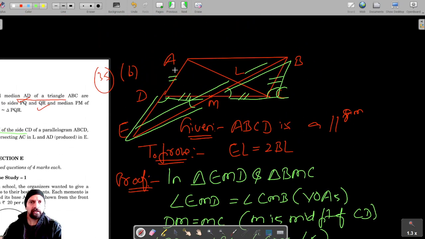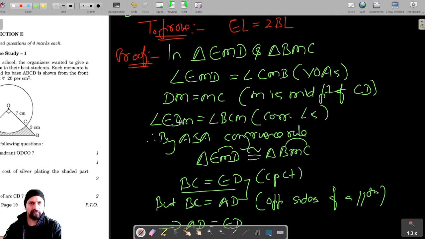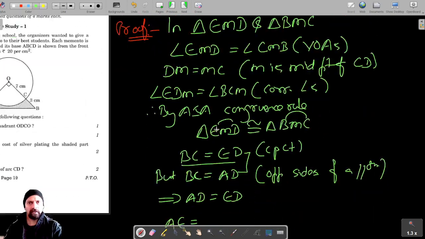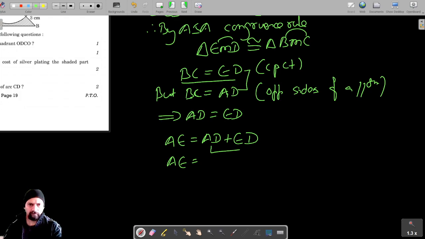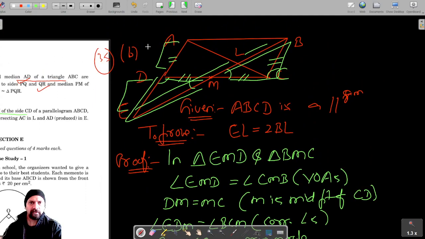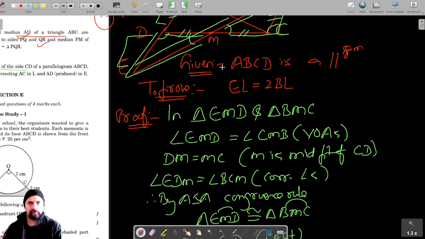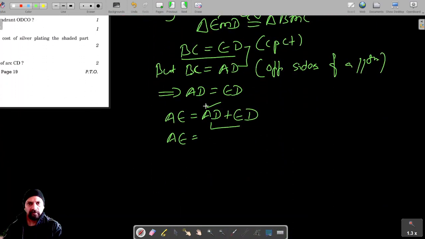So this is AD and this is ED, and these two are equal, and AE is AD plus ED. We can write AE in terms of AD plus AD, since AD and ED are equal. AD is equal to BC, so in place of AD, I can write BC.